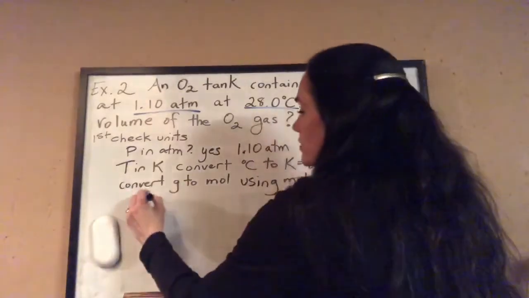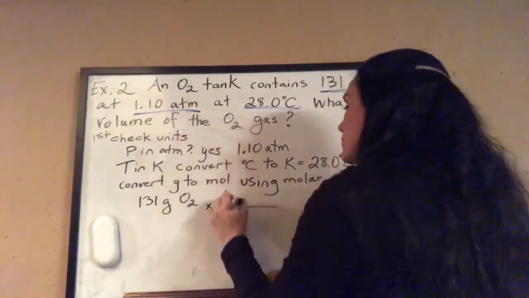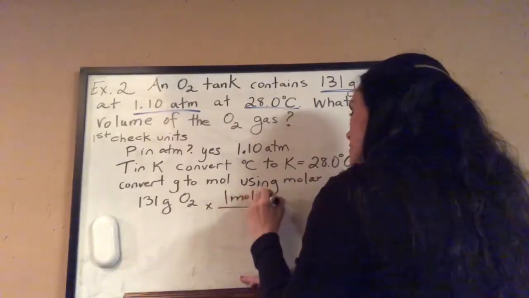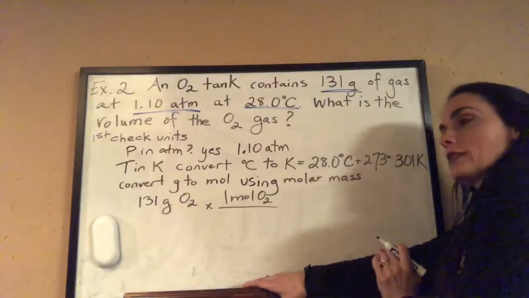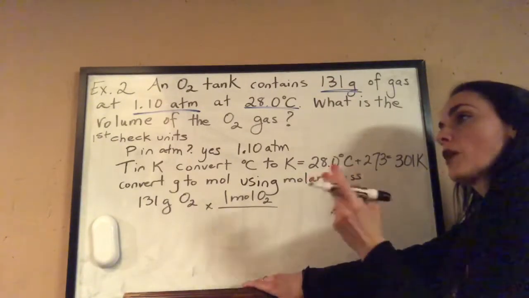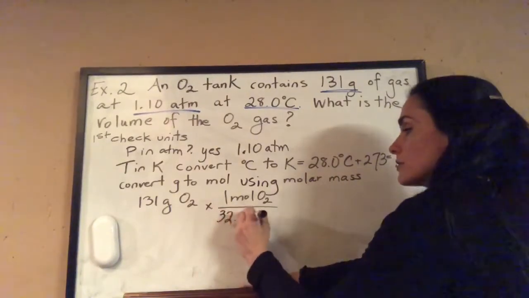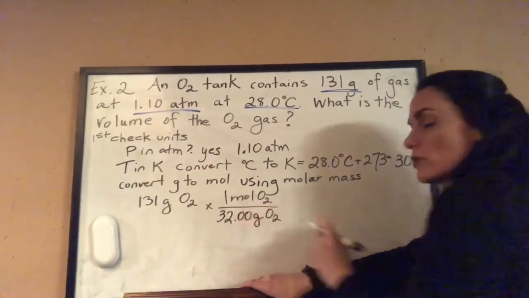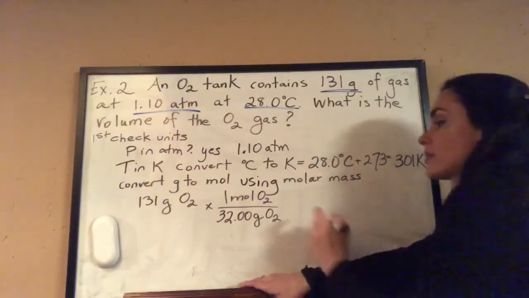So we have 131 grams of oxygen gas. Then we want it in moles. Oxygen has an atomic mass of 16. We have 2 because it's diatomic, so 32 grams per 1 mole. That's the molar mass: 32 grams of oxygen per 1 mole of oxygen.